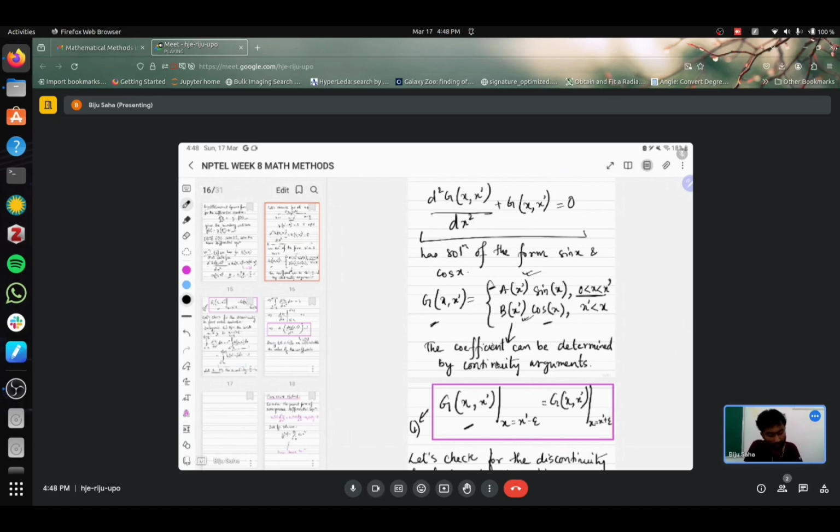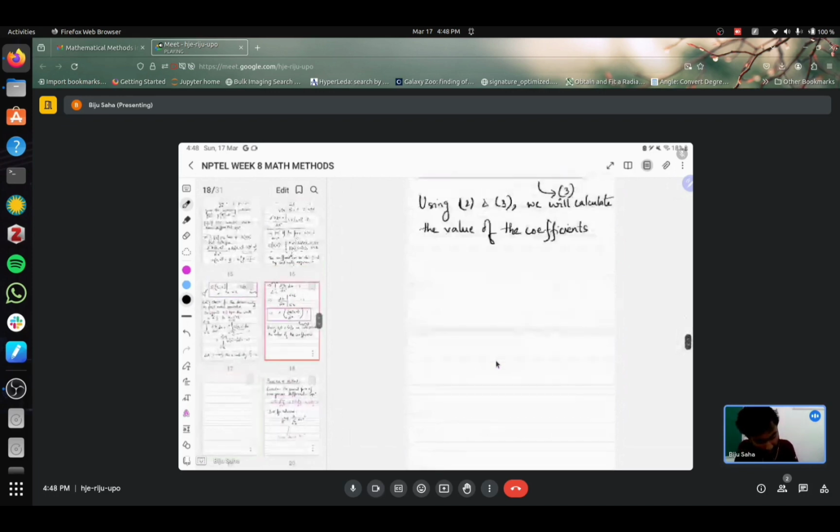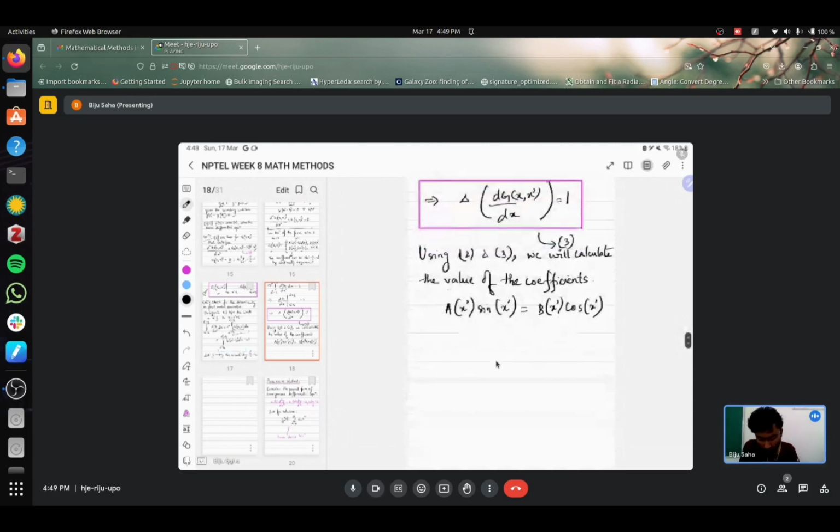We are imposing that these two be equal. So this is from 2.